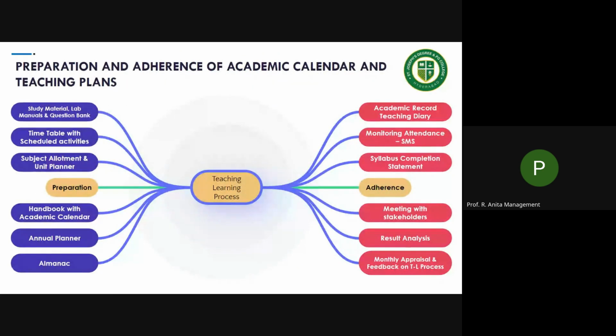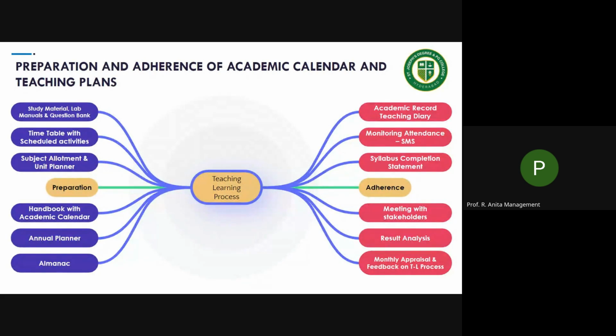Now, in our college, this is how we go about the way we prepare and adhere. When you are doing the teaching-learning process, you need to have clarity about who is taking what, that is the timetable with the scheduled activities, and then the subject allotment and a unit planner, with records and documentation of how you are going to teach and what activities you are going to do under each course for that particular batch.